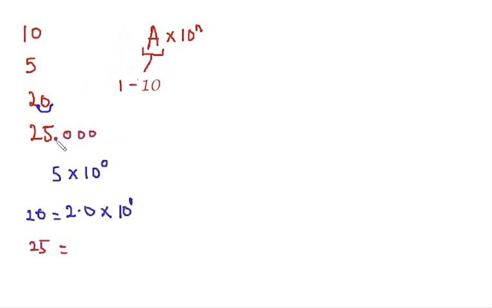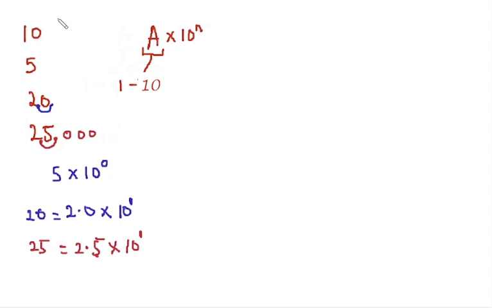Assuming this point is going to move, if a point moves from right to left, the power of 10 increases. The number is now 2.5, which falls within the range of 1 to 10. Remember, our point moved only once, so this is 10 to the power of 1.